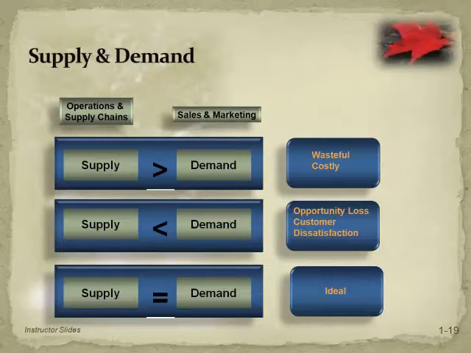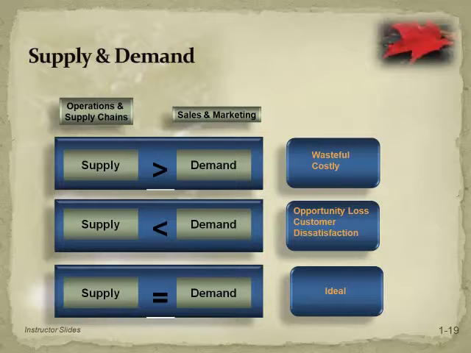So operations is about producing or creating supplies that are going to meet demand. If our supply exceeds our demand, then our costs will increase. We have an excess of supply. Our profits will decrease as well.